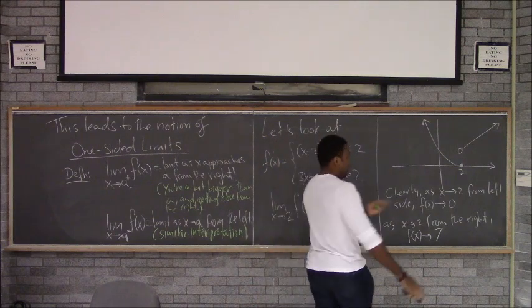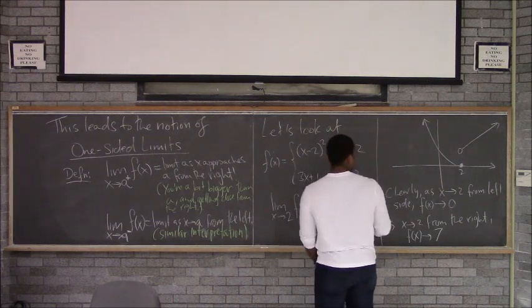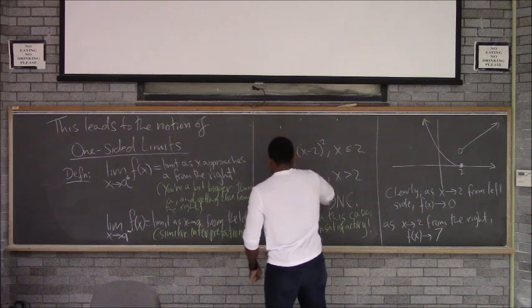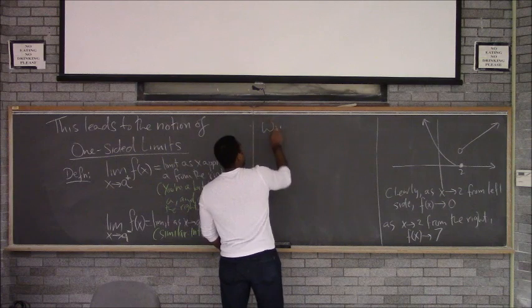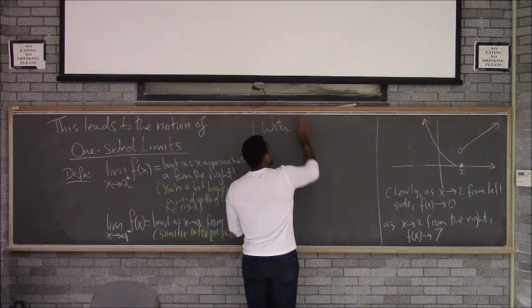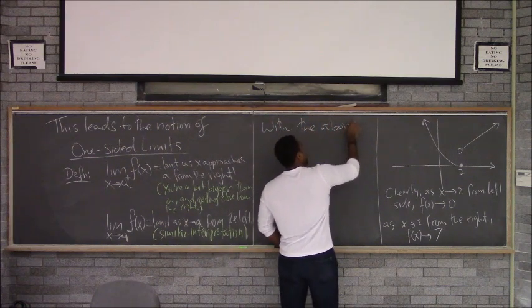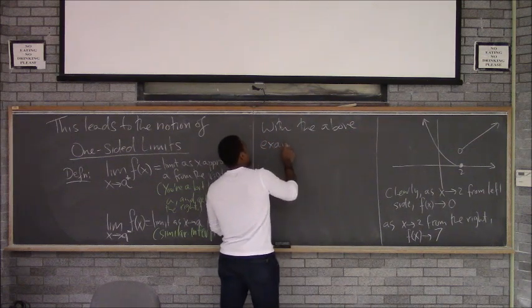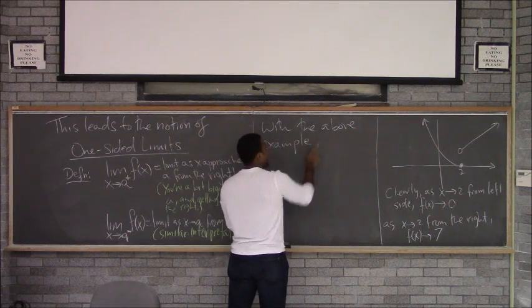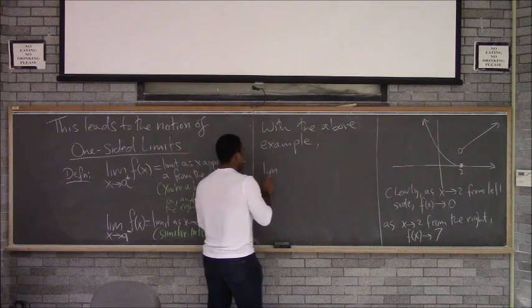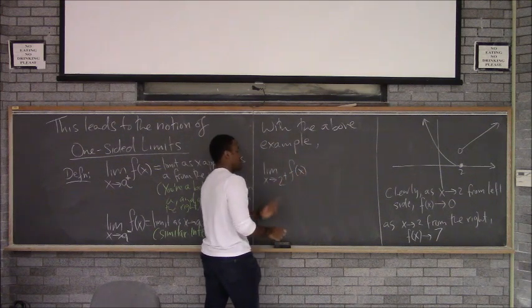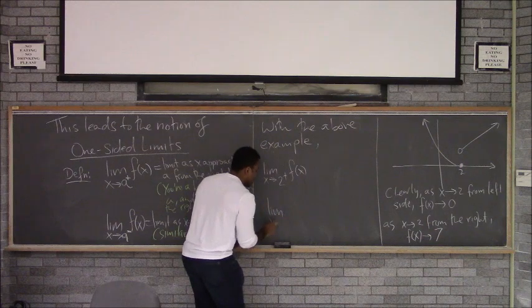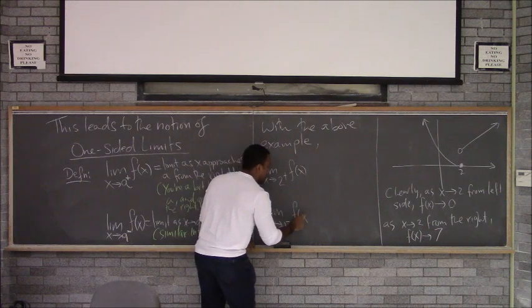So instead of writing these two phrases, what I could have done here with this example, I could say the limit as x is approaching 2 with a little positive sign, and the limit as x is approaching 2 with a little negative sign.